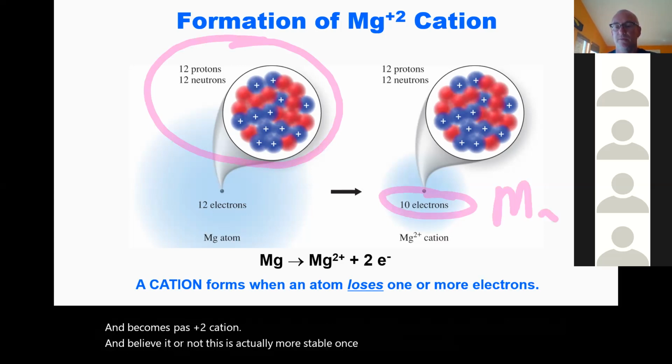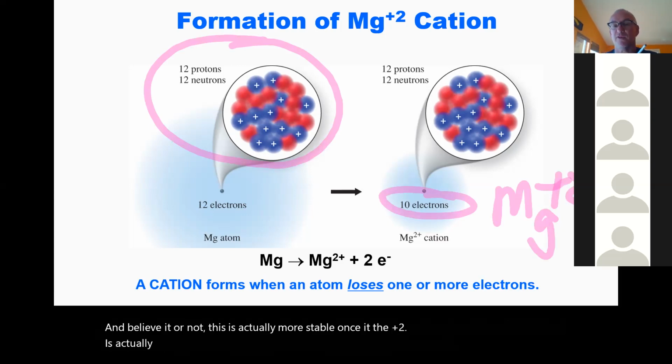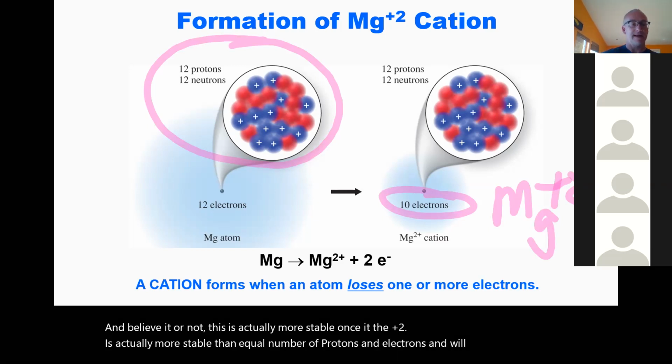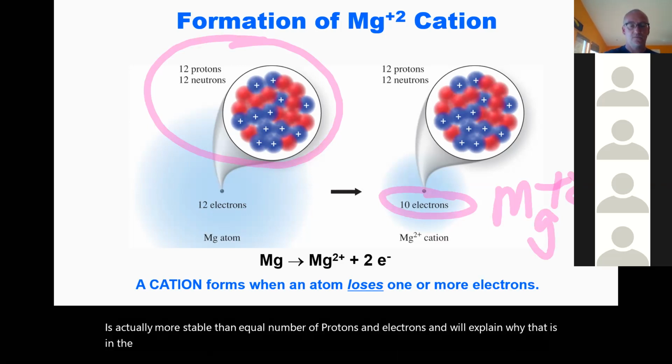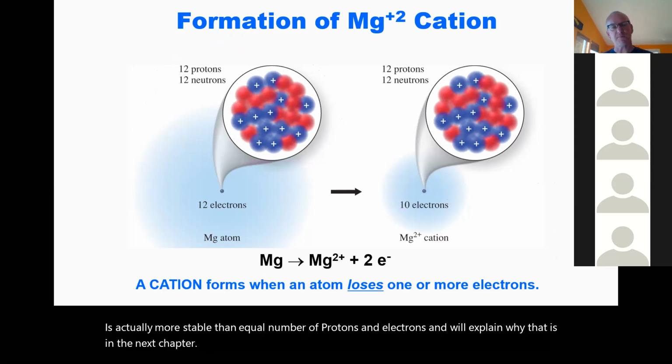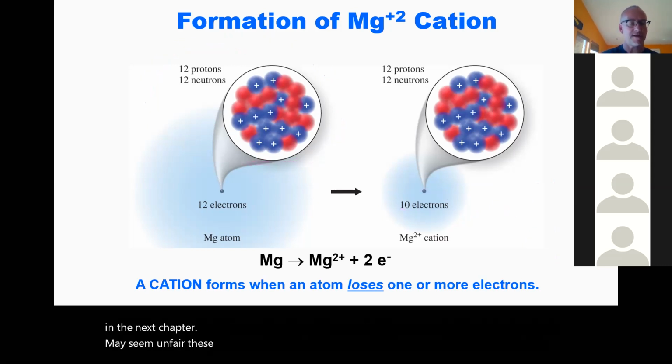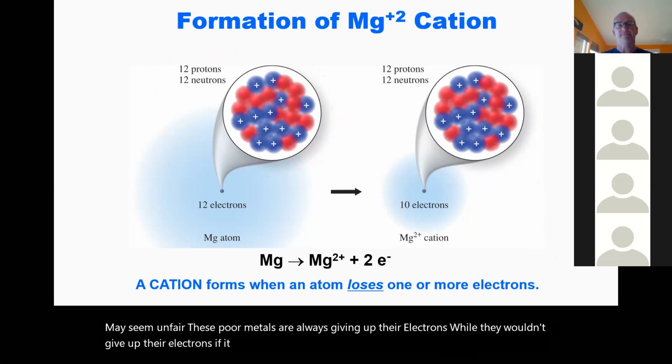The plus two is actually more stable than the equal number of protons and electrons. And we'll explain why that is in the next chapter. It may seem unfair. Oh, these poor metals are always giving up their electrons. Well, they wouldn't give up their electrons if it wasn't stabilizing for them to do so.